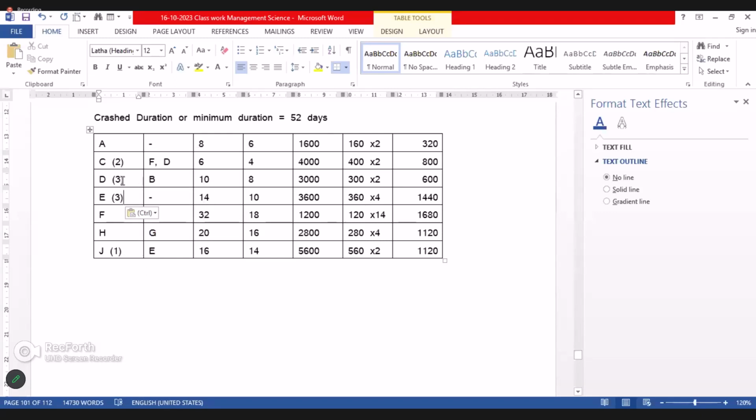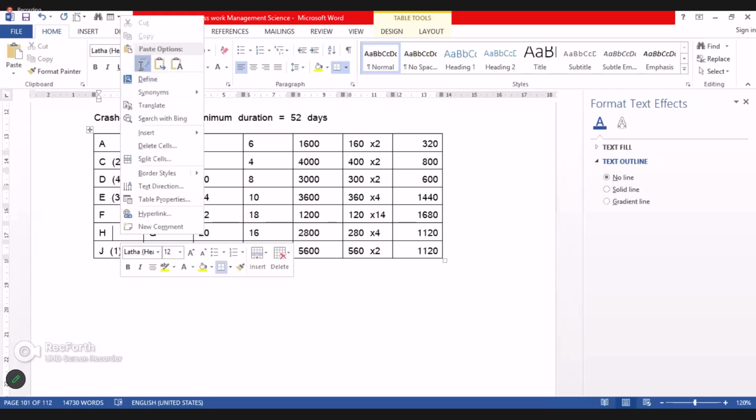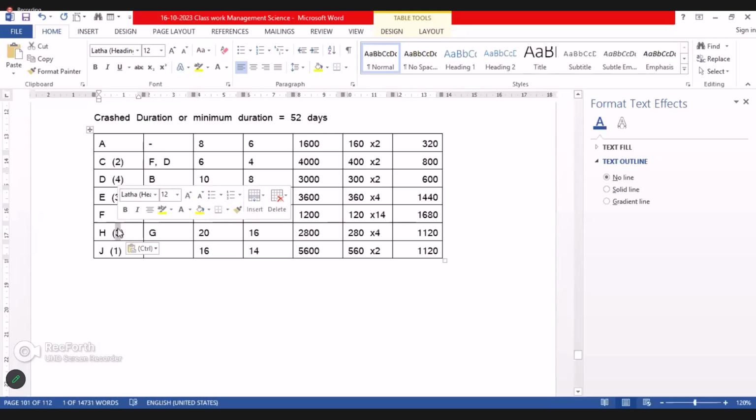And the fourth one is B. Fifth one is H. Then this is the sixth one.